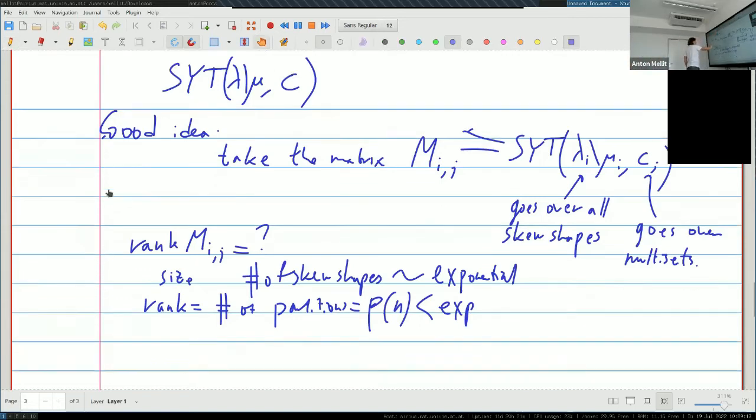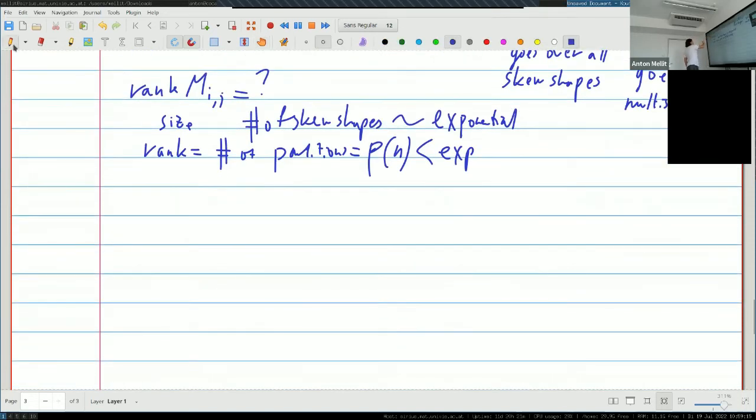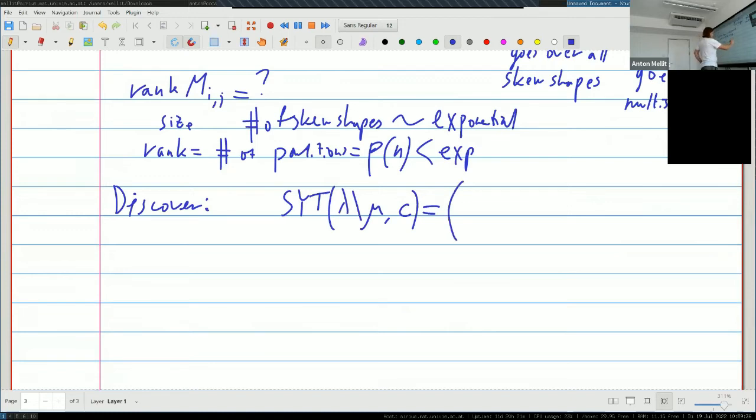Then you arrive at the beautiful theory that tells you that SYT of lambda over mu and C is a scalar product of a skew Schur function and a complete homogeneous function associated to the content.